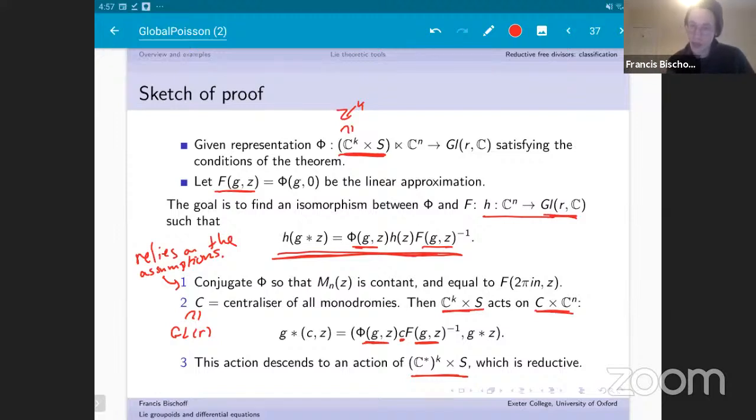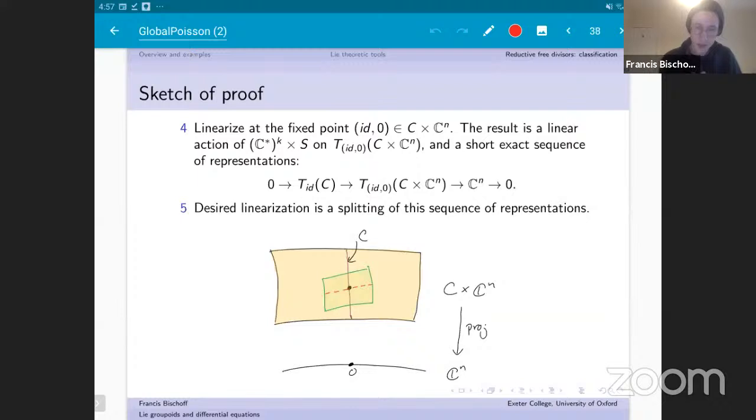And so we can apply all the great stuff about actions of reductive groups. So what we do then is we can linearize at the fixed point, which is the identity in C and the origin in C^n. So what this means here, so I've drawn a picture. We have this bundle C times C^n projecting down to C^n.